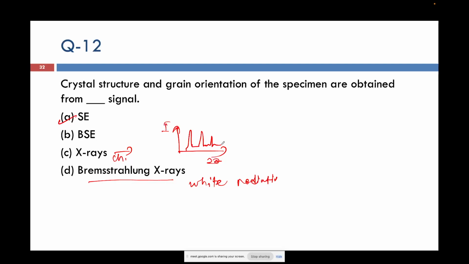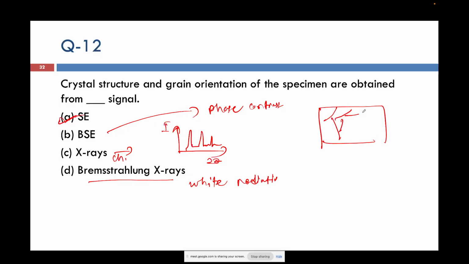BSE will not give you in which direction the grains are there; it will give you the phase contrast. The secondary electron will give you the crystal structure and the grain orientation, because in secondary electron you can clearly see in which direction your grains are there.